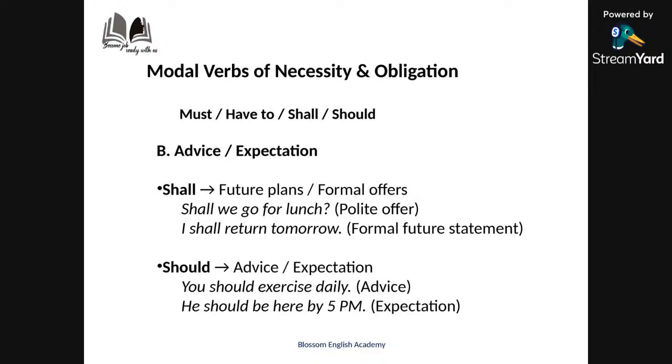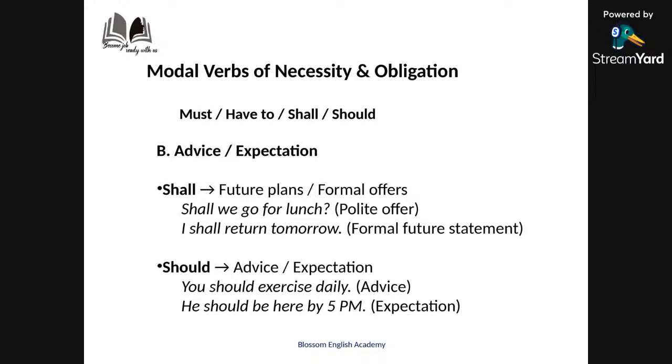So, yes, let's start with shall. Shall is used for future plans and formal offers. Okay, so future plans means like I am telling someone that I shall be going to a different city next month. Okay, I shall be moving to a different city next month.